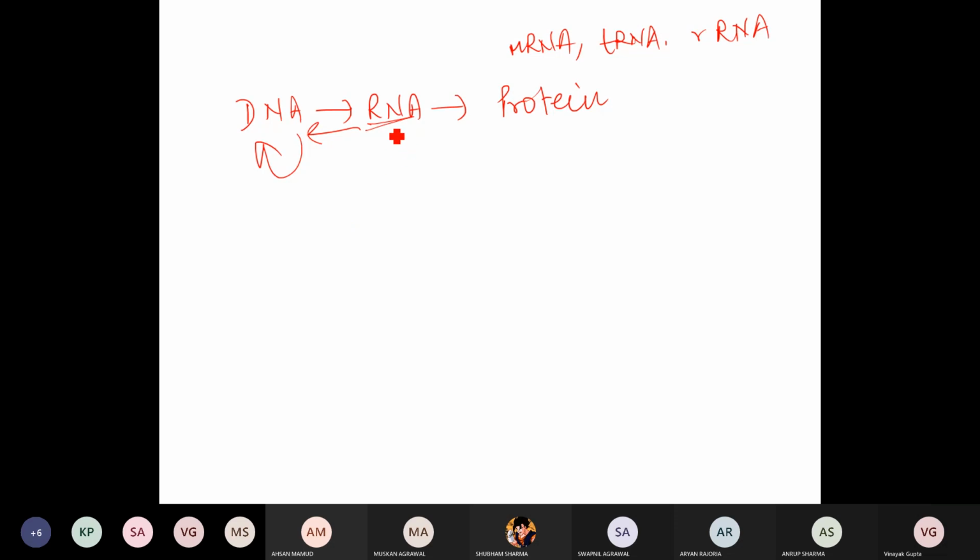So, can you think what kind of RNA we are mentioning here in the central dogma? Is it mRNA or is it tRNA or is it rRNA? What kind of RNA are we going to get from DNA by the process called transcription?